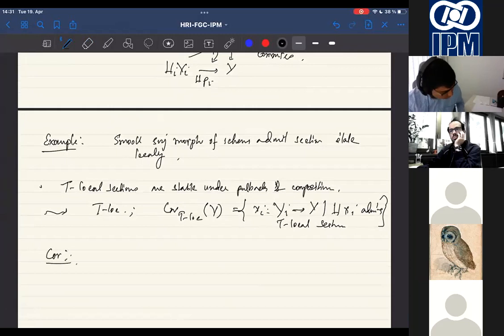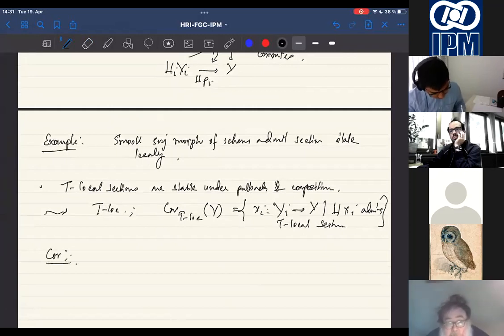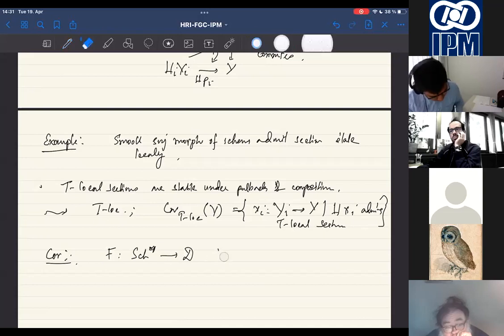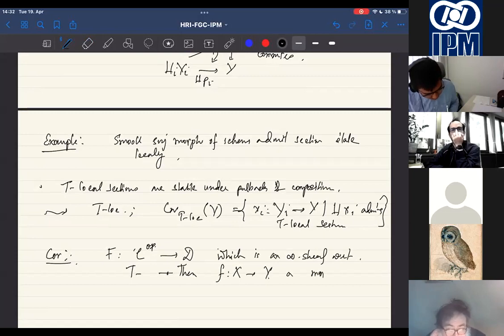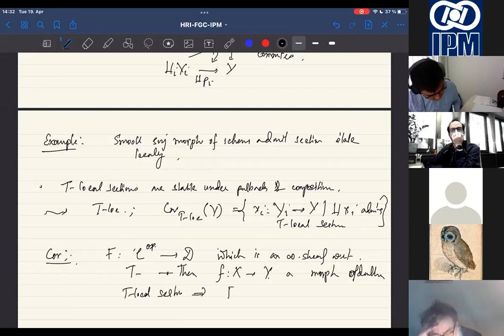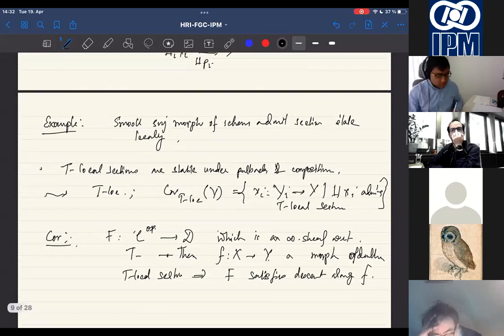And there's a corollary which says that if there is a sheaf, let's just write C of, which is an infinity sheaf with respect to τ, then f: X to Y, a morphism admitting τ local sections, implies that f satisfies descent along this morphism f.